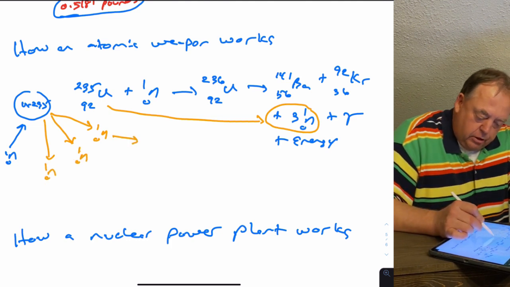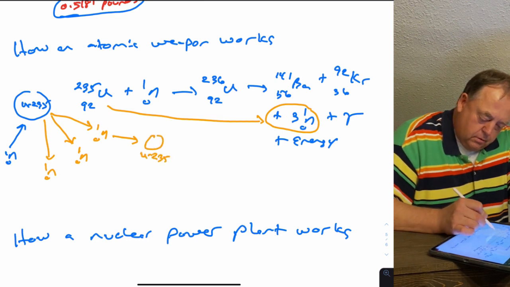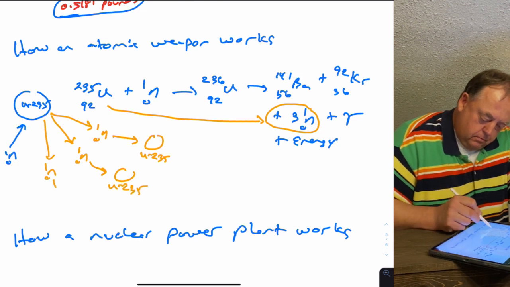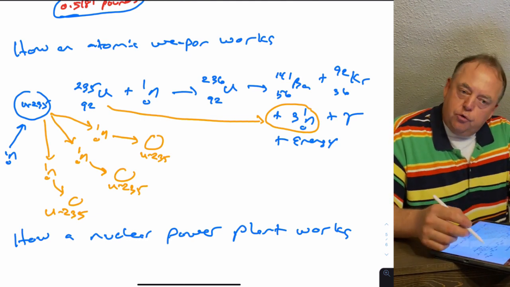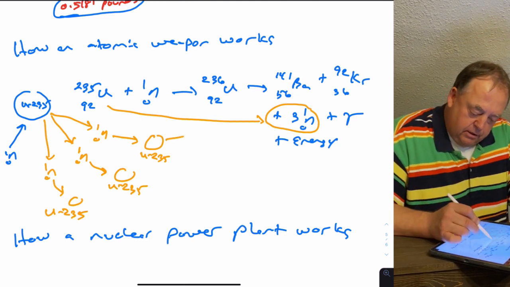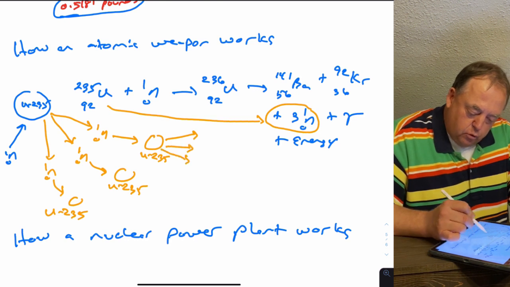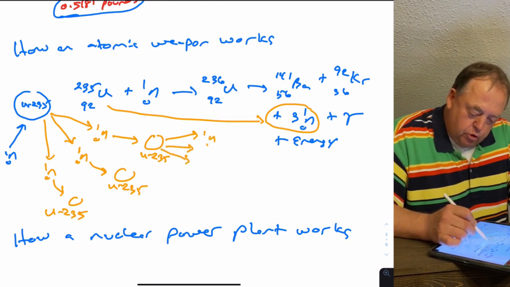And if those hit a uranium-235, well, then that starts this reaction again. And so each of these will give off more energy and 3 more neutrons.